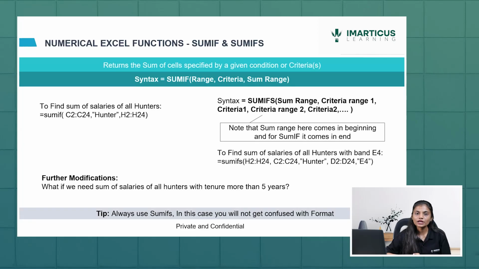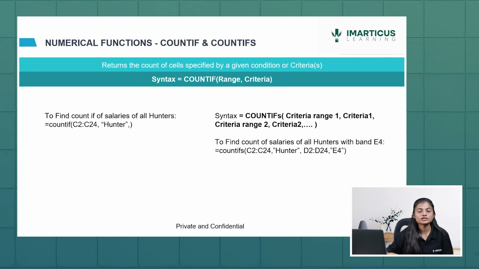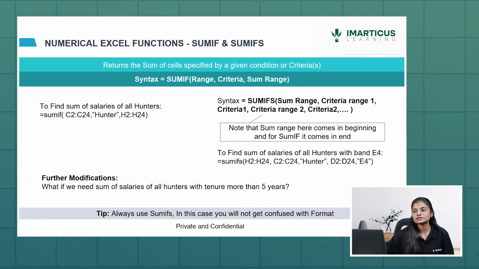When you want to sum up the data with respect to multiple conditions, you'll use something called SUMIFS, where you can mention multiple criteria to be matched within your data. Now, if you can see, sum range comes first in SUMIFS and not last, as it was in SUMIF. So here, we'll try to understand the same with respect to code, how SUMIF works.